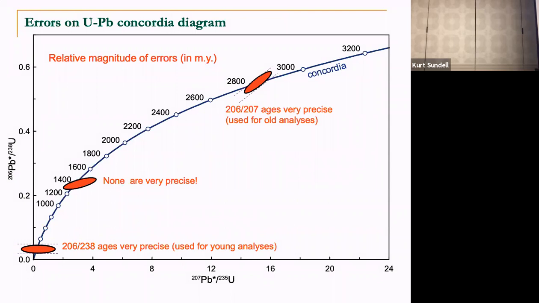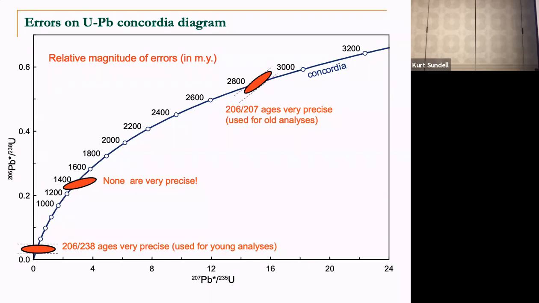We have, for each individual analysis, we plot error ellipses. And these ellipses are basically showing the precision in all of the different ages. So if you look at an old grain, look at this huge uncertainty in 206/238, huge spread on this axis. We also get a pretty large spread over here, but we get really precise on the 206/207 axis, which is this kind of line that goes down like this, right?